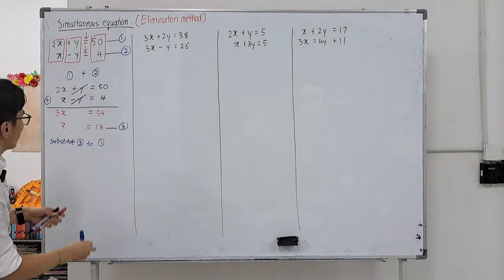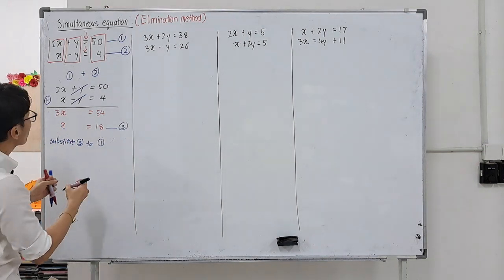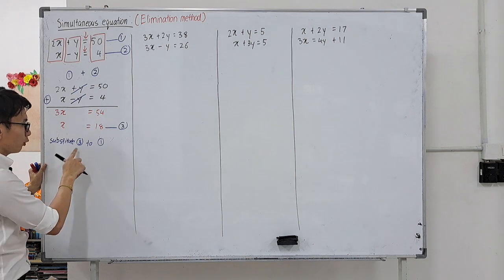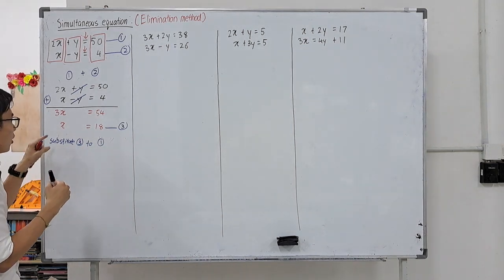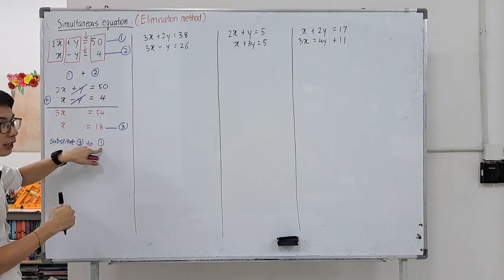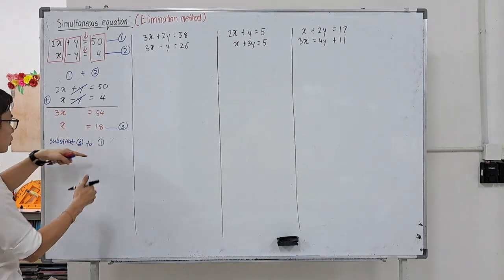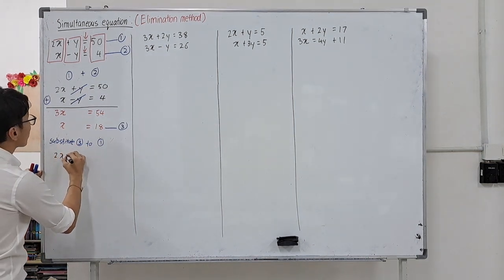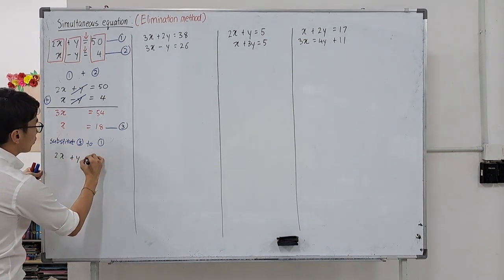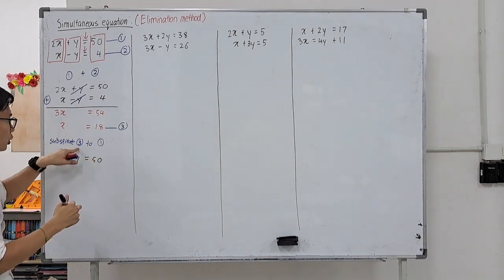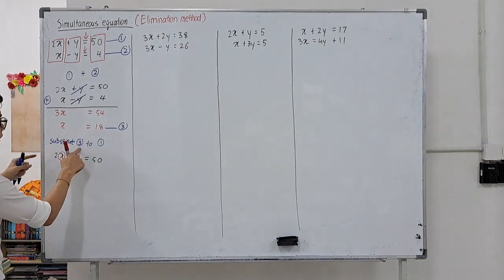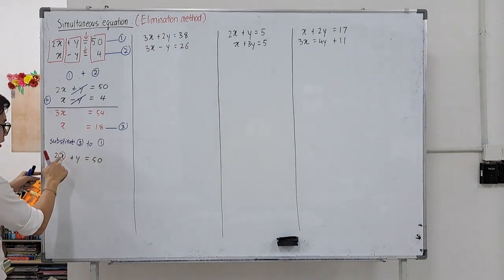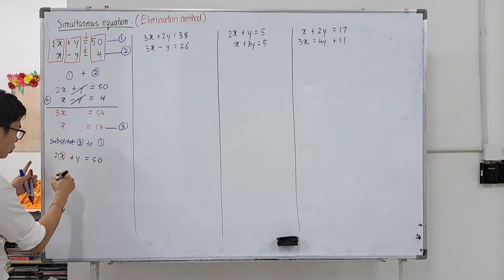For those students who are confused about what to do over here, my tip for you is this: 3 to 1, write down what your equation 1 is first. Your equation 1 is written as 2x plus y equals to 50. 3 goes to 1, which means this x over here, where x equals to 18, is going to change into 18.